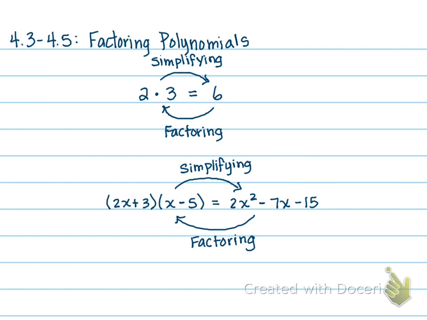So we're going to start with the most basic factoring, which is factoring out a GCF, the greatest common factor.